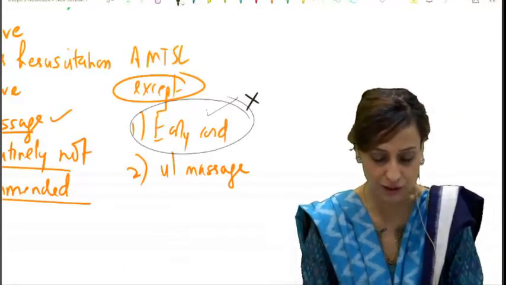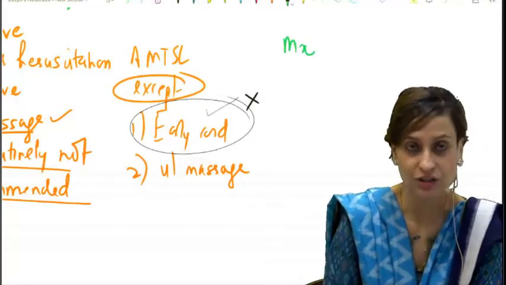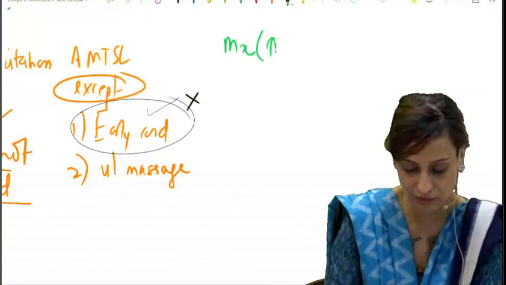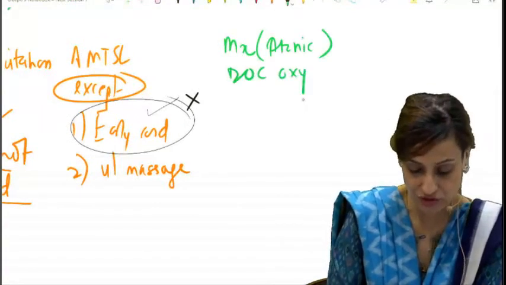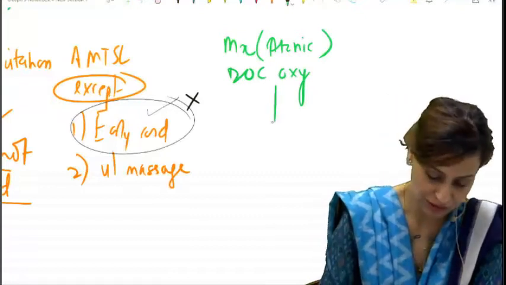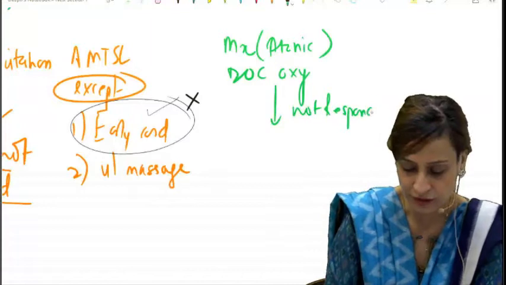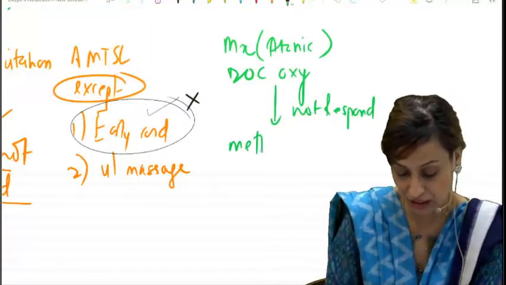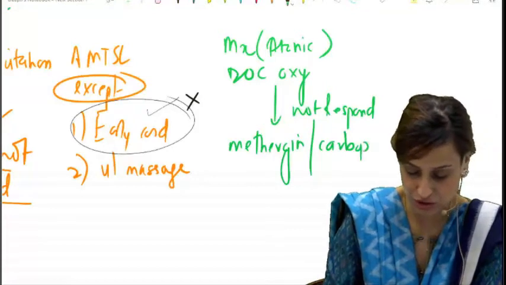Please remember, for management of PPH, especially the atonic one, again the drug of choice is oxytocin. But if the patient is not responsive to this, then the next agent has to be either methergin or carboprost.